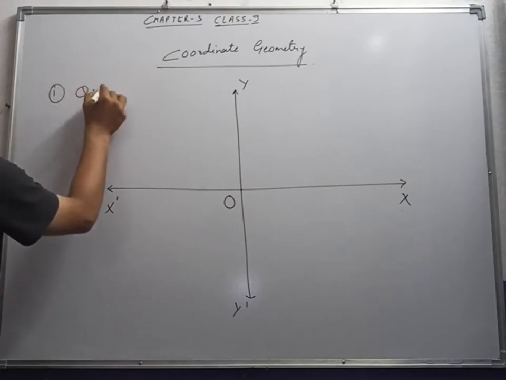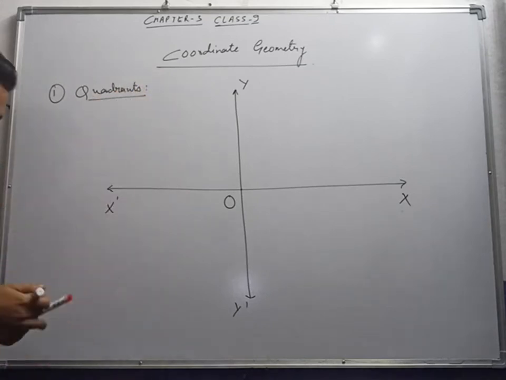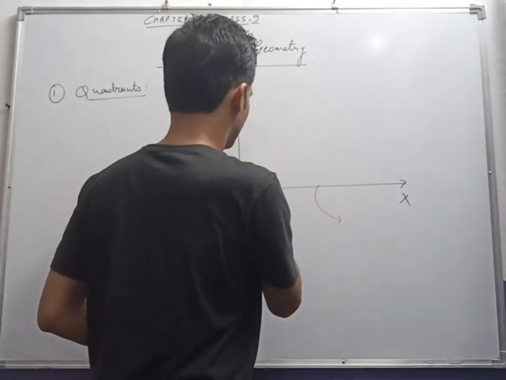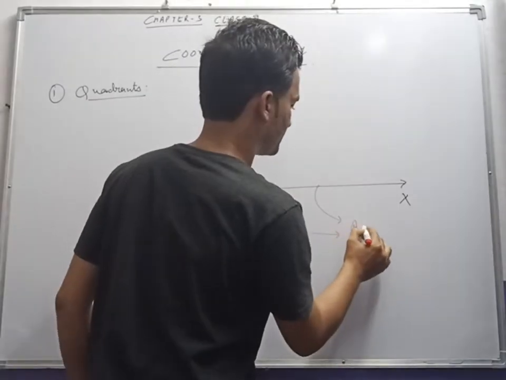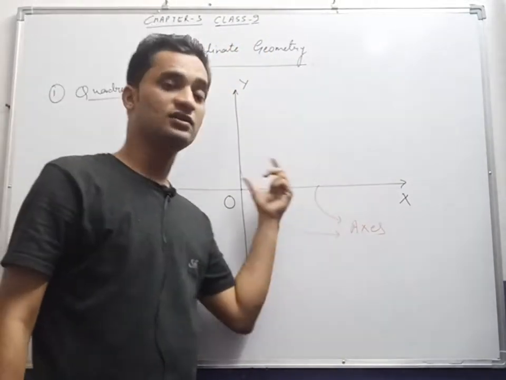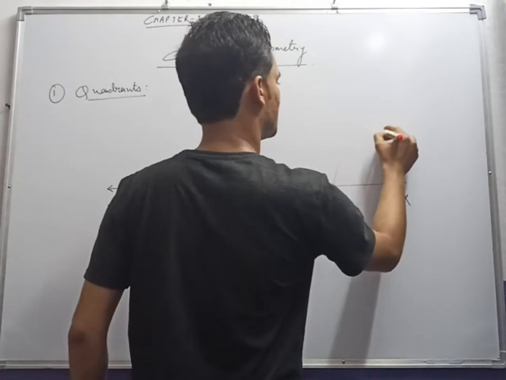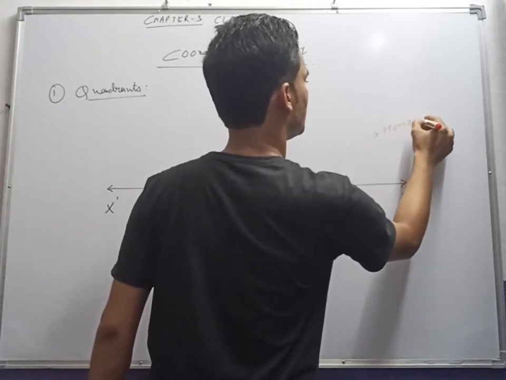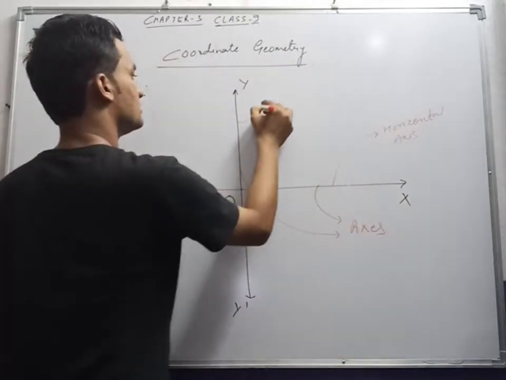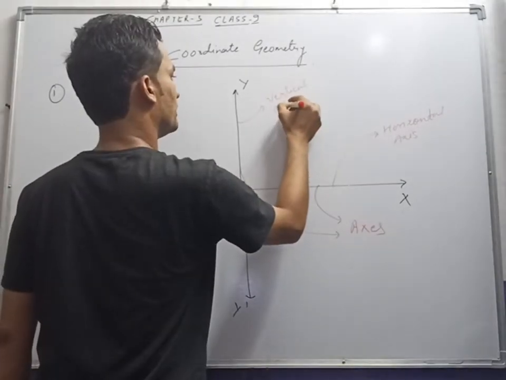The very first word is quadrant. Before that, you should know that x and y are both known as axes: the x-axis and the y-axis. The x-axis is also known as the horizontal axis, and the y-axis is known as the vertical axis.